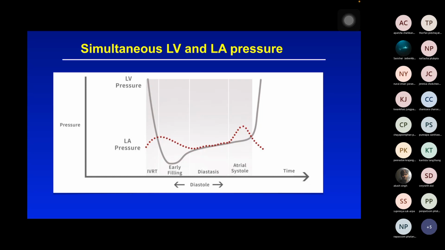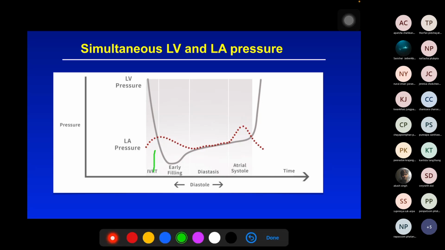Okay, this graph shows the pressure between the LV and the LA, and it shows the four phases. First is the IVRT. You see this is the LV pressure.